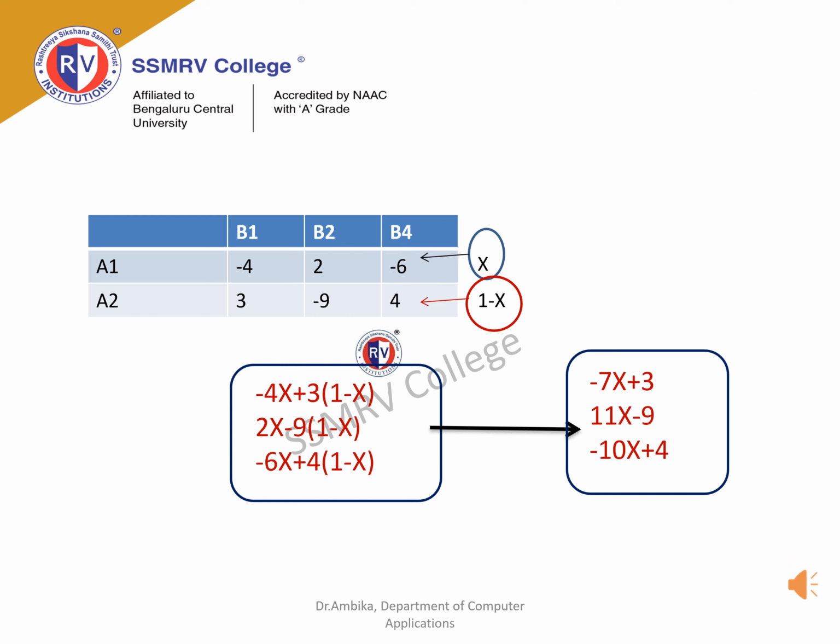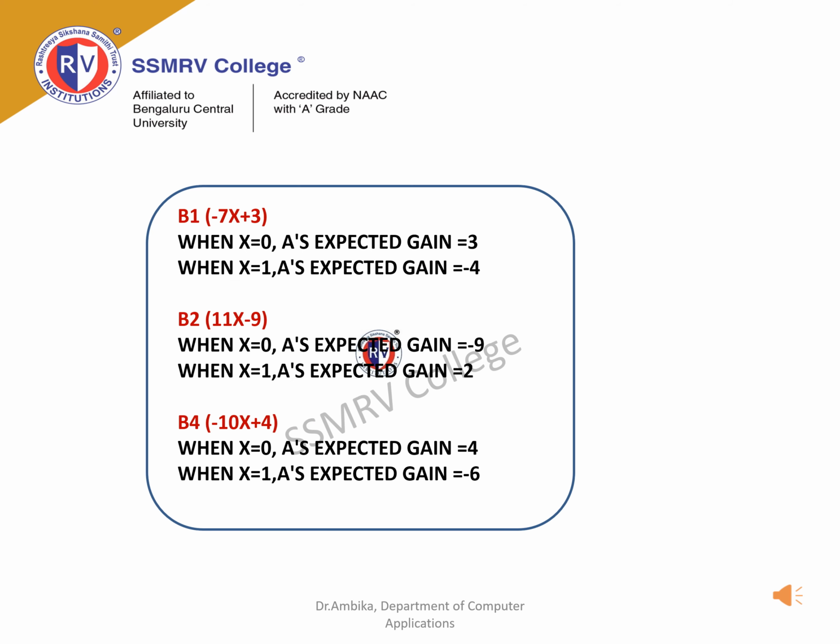Next, we represent the first row, A1, by an unknown variable x and the second row, that is A2, by 1 minus x. So we arrive at three equations, that is minus 7x plus 3, 11x minus 9 and minus 10x plus 4. We insert x equals 0 and x equals 1 into the three equations obtained to arrive at A's expected gain values.